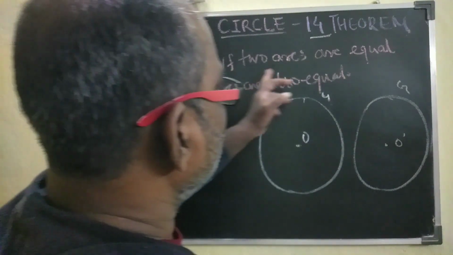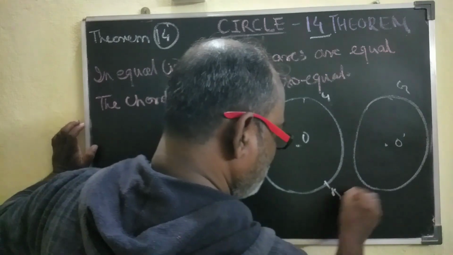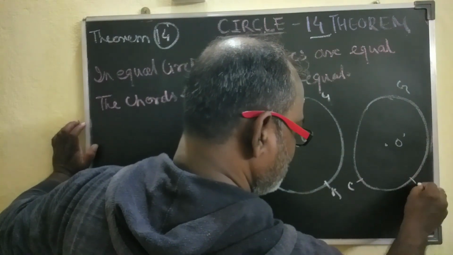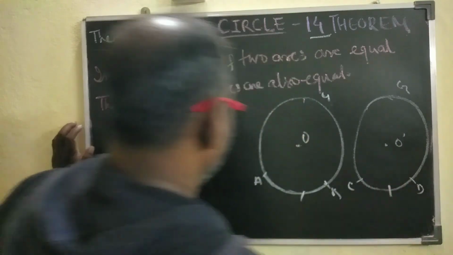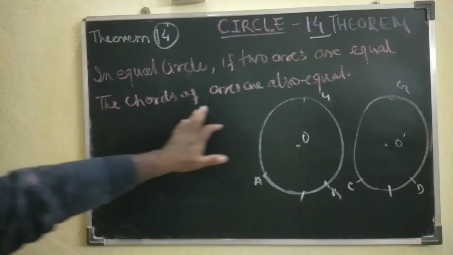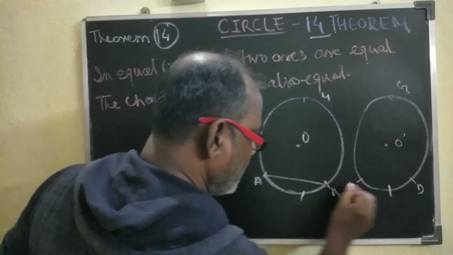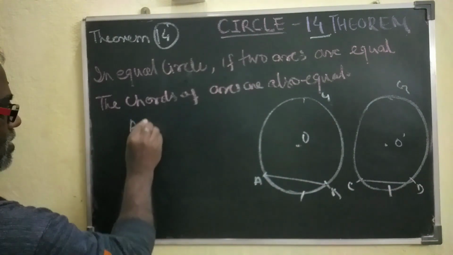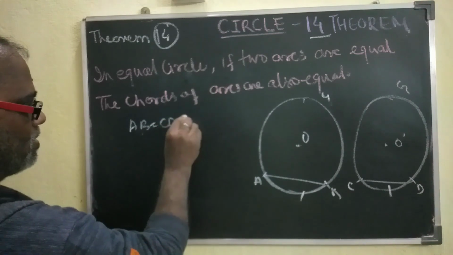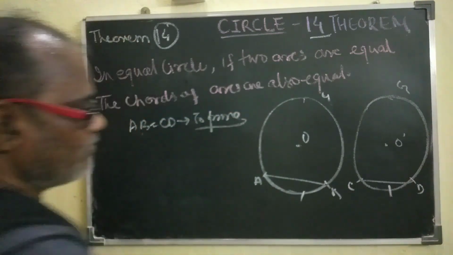Let us say this is A, this is B, this is C, this is D. Now arc AB equals arc CD. Then we have to prove that the chords of the arcs are equal, that means we have to prove that AB equals CD.